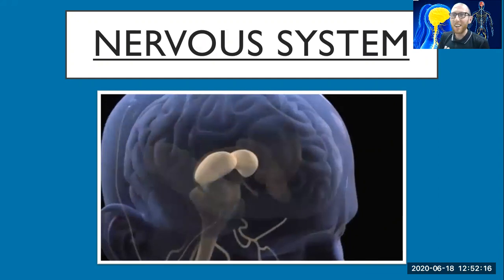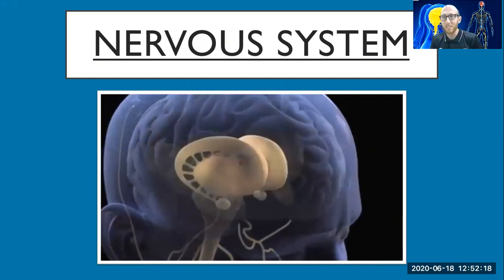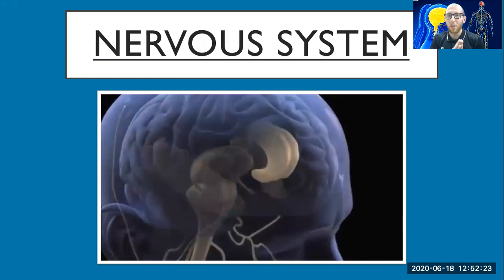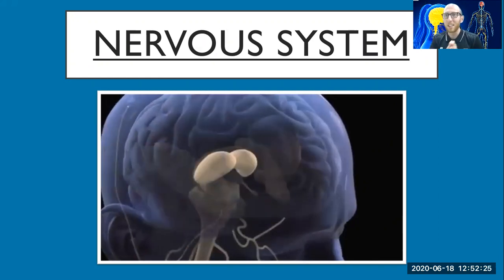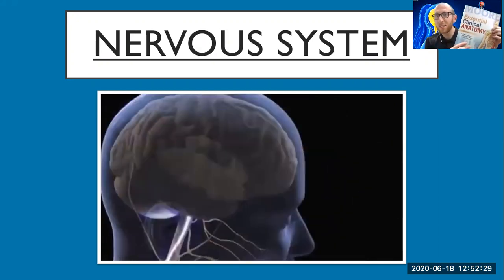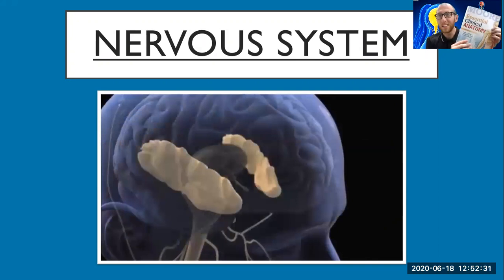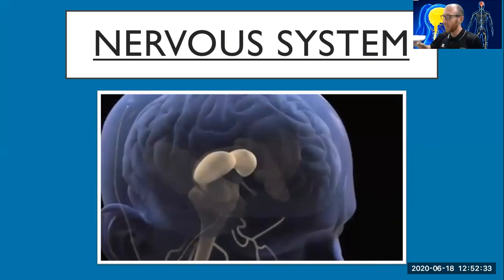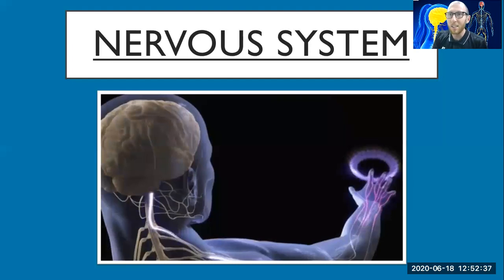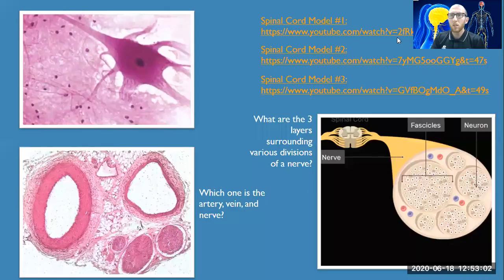Today we're talking about the nervous system. With the nervous system, it's all about the brain and spinal cord and nerves. This is pages 27 to 41 in your book, so make sure you're reading that book before watching this video. We are ready to jump into this PowerPoint slideshow.